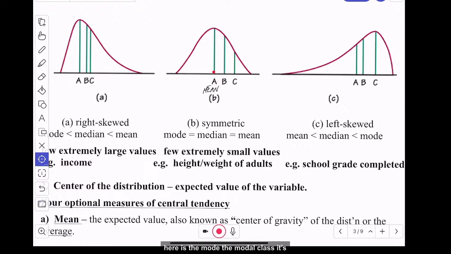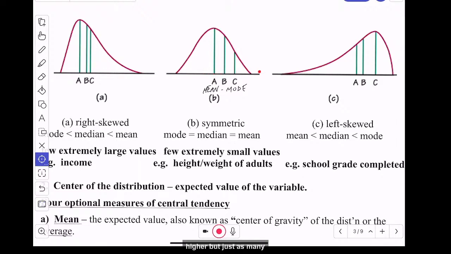Also, here is the mode, the modal class. It's where the most frequent observations occur. The most frequent class is this middle one. So this middle is mirrored on the right and on the left. And it says that most of the values are at A. Some are higher, but just as many are just a bit lower.